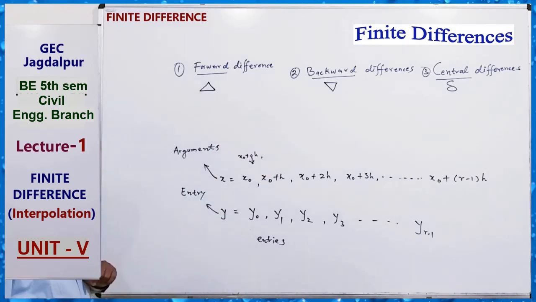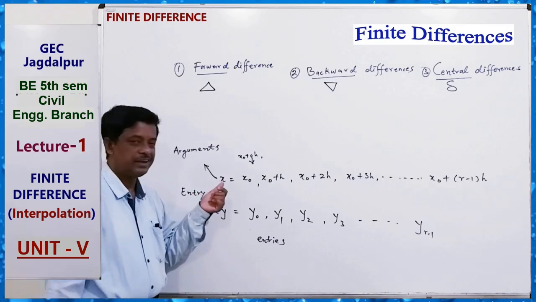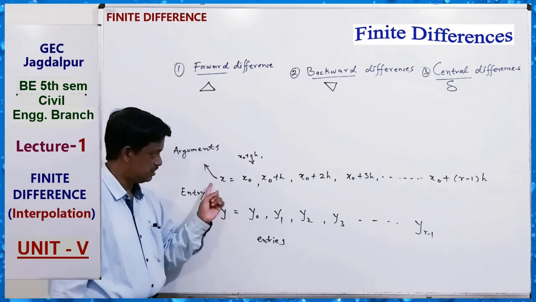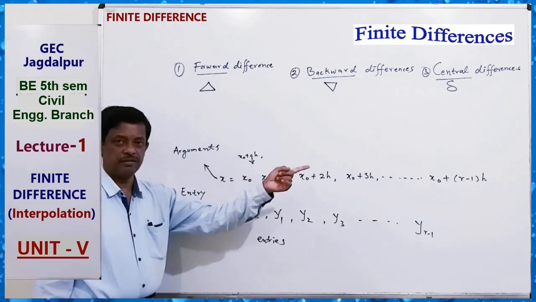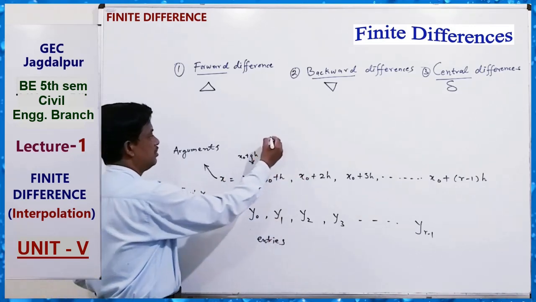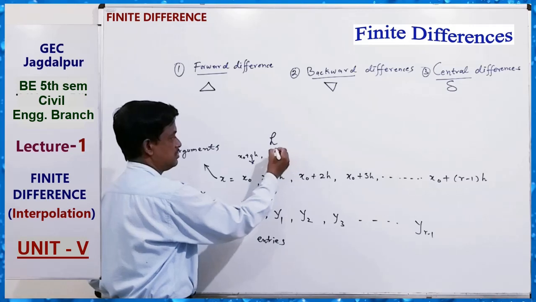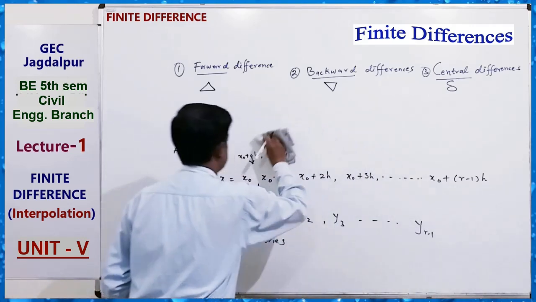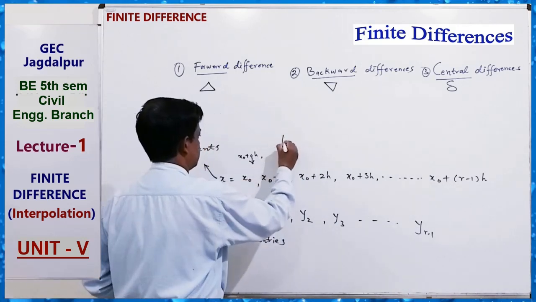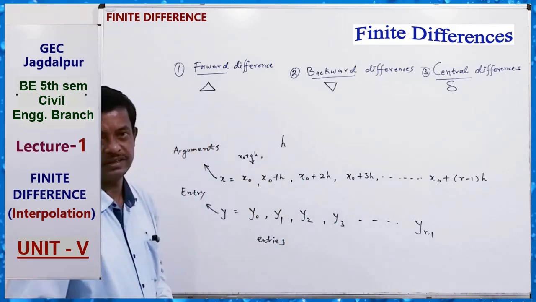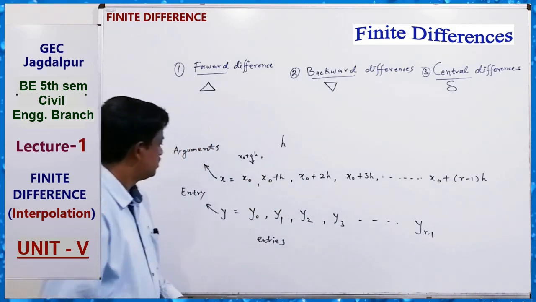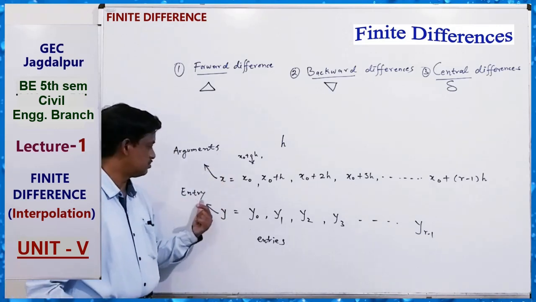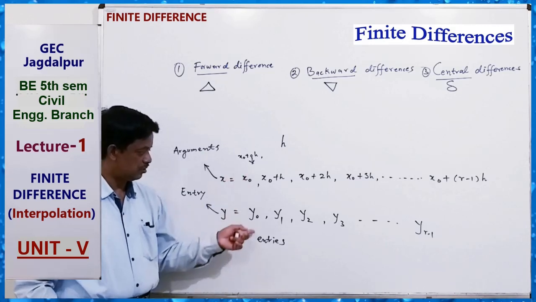Clear? Whenever we are given a table of x and y values at equal interval, the interval of differencing is h. Arguments means values of x, entries means values of y.